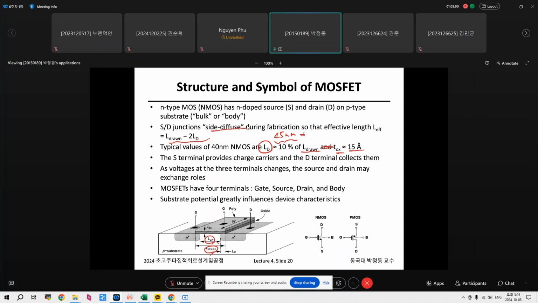Then effectively this is around 40 nanometer. Okay, because each side is just 4 and 4, 2 and 2. This is 10%, right? 10%. Okay, so this LD is a little bit exaggerated.